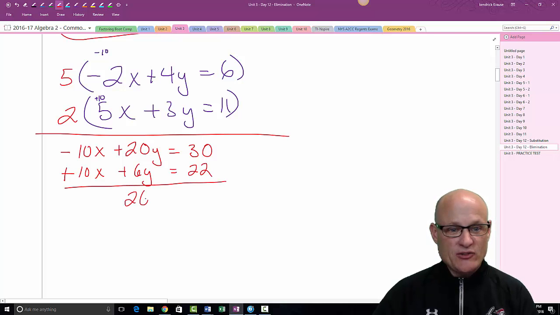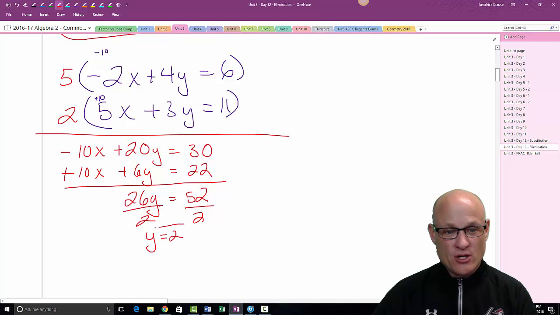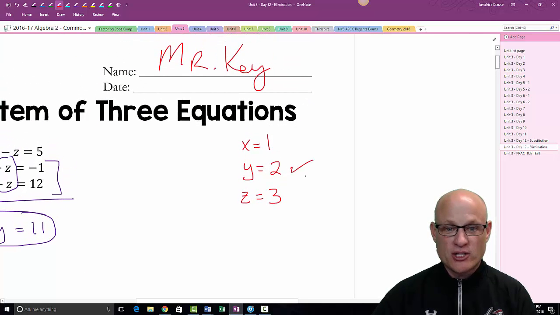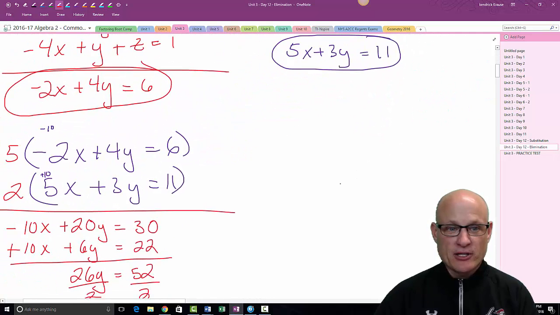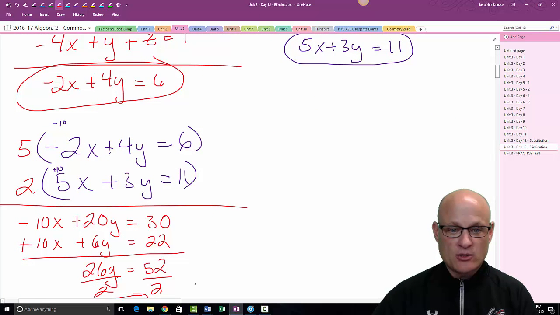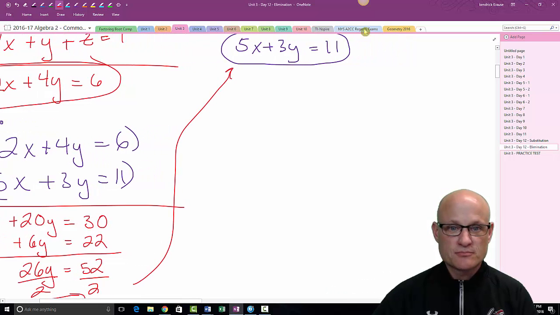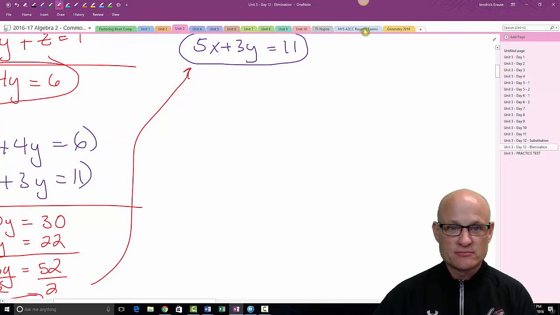So I get 26y equals 52. I divide by 26, and I get y equals 2. All that work to find out that y equals 2. Ka-ching, I'm good. So I'm in pretty good shape now, so I'll take this y equals 2, and I'm going to plug it back into this equation to figure out what x is.